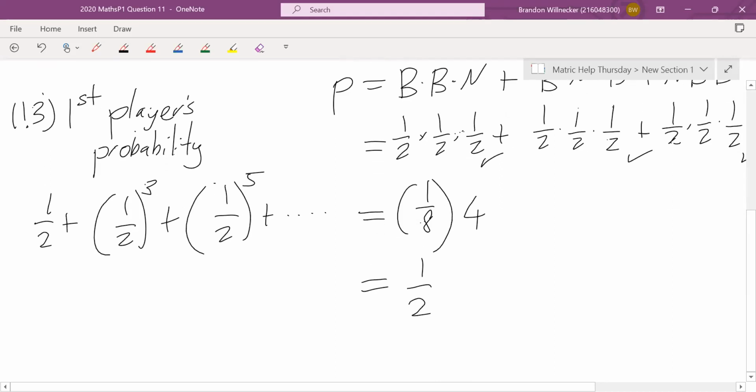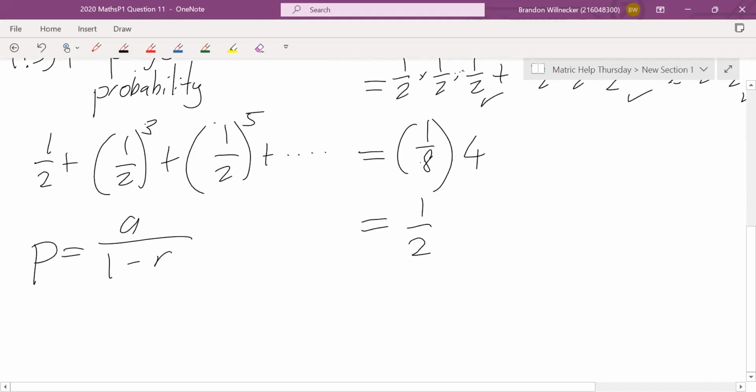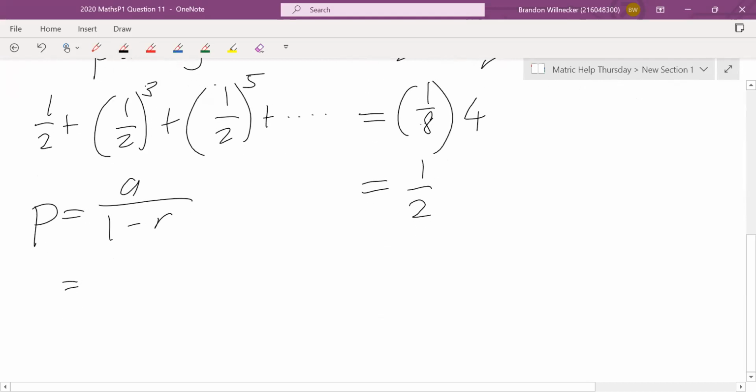Now, this is a geometric series, okay, because we've got the same base raised to different exponents. We can sum this up. So this is given by A over 1 minus R. Okay, A is the first term, so that's going to be 1/2 over 1 minus, squeeze that in, 0.25.